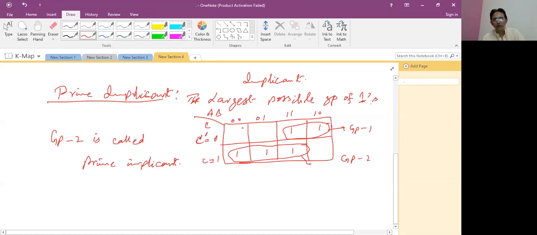Right? So the same values are called A complement B complement, A complement B, A B. So when we consider this row, it has no common value. So C is called the first minimal sum of the group 1 minimal sum.